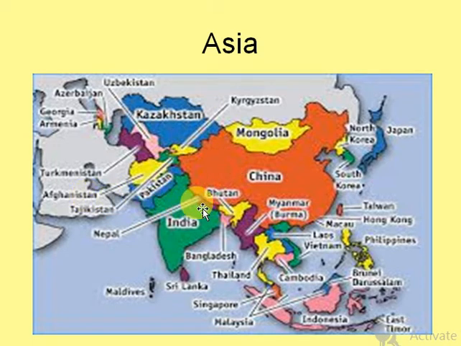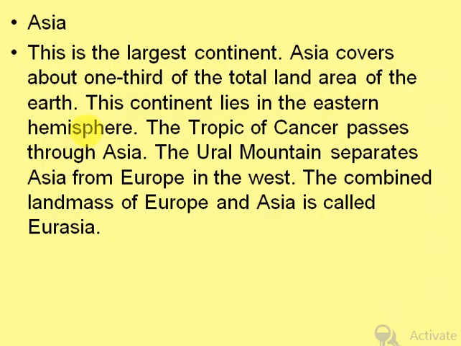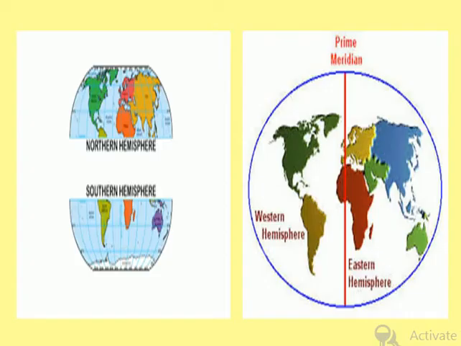So it is in the eastern hemisphere. So we discuss about the Asia. This continent lies in the eastern hemisphere. Look at the image. Asia lies in the eastern hemisphere.